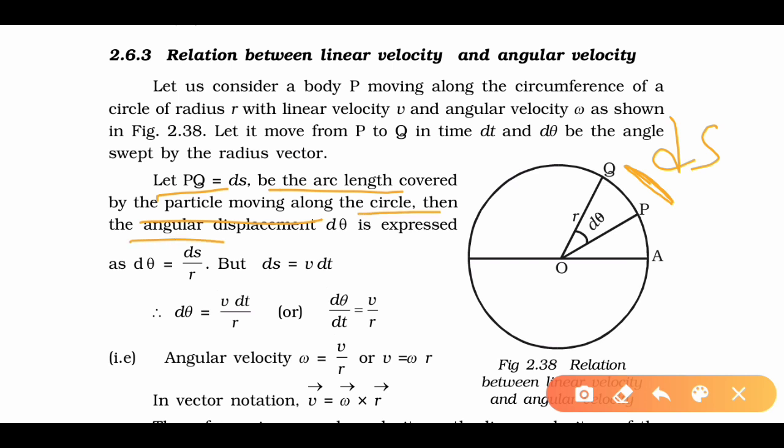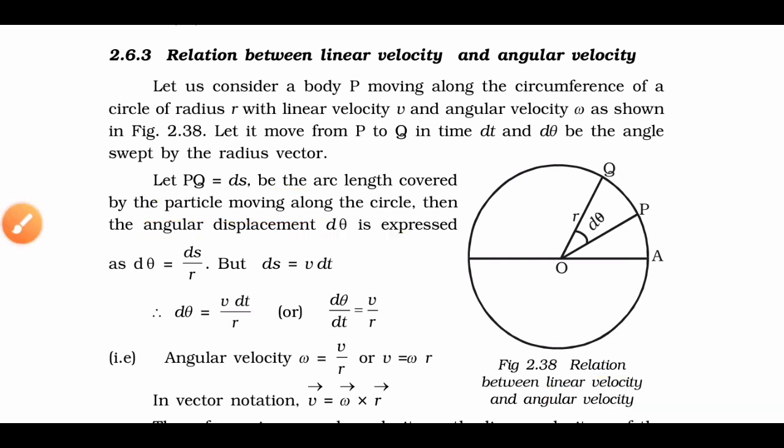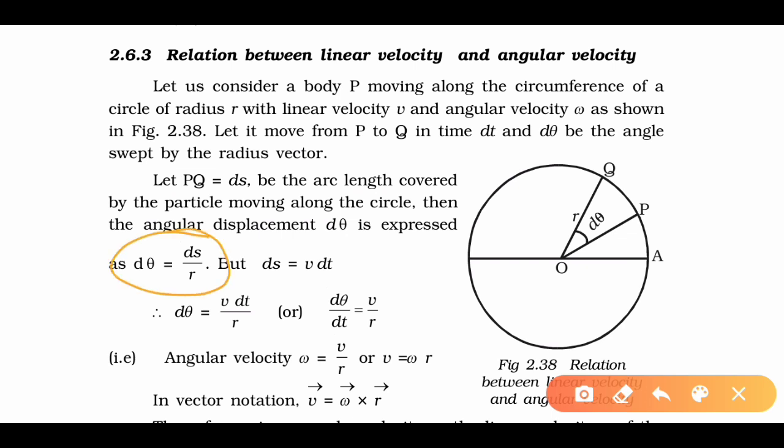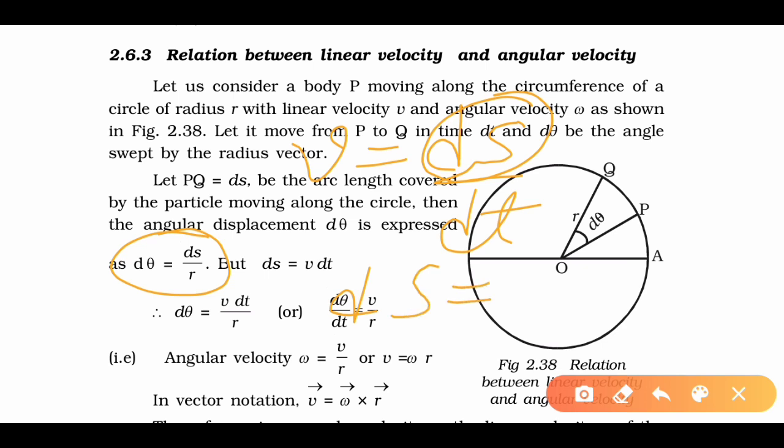Then angular displacement d theta is expressed as d theta equals ds upon r. But we know that velocity is given by ds upon dt, so we can write ds in terms of velocity as v dt.